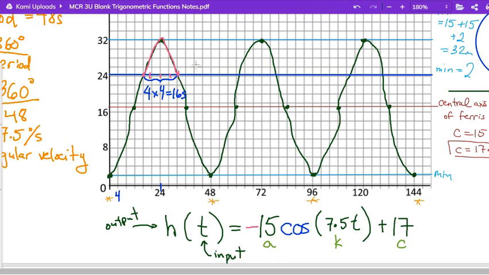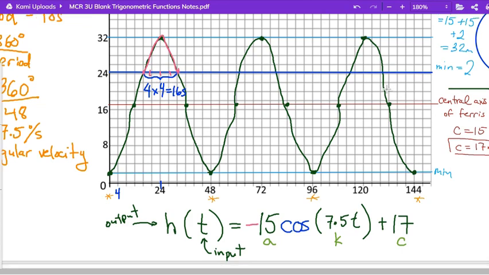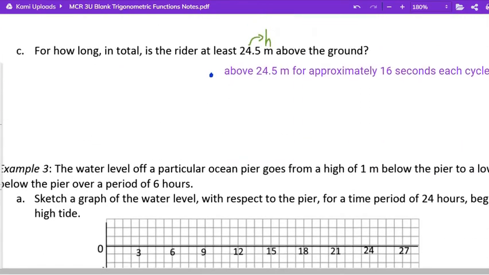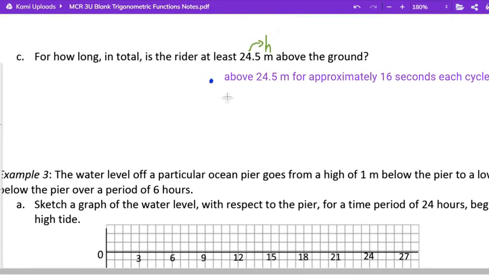Does that make sense? Now there's 3 cycles, and so I'll multiply that by 3. 16 seconds times 3 will give me 48 seconds.